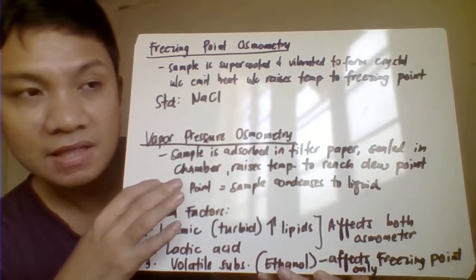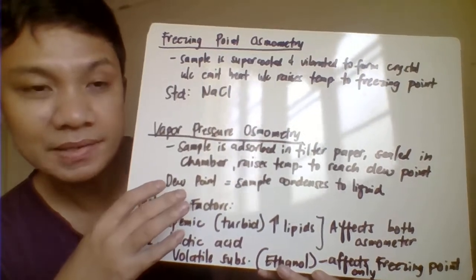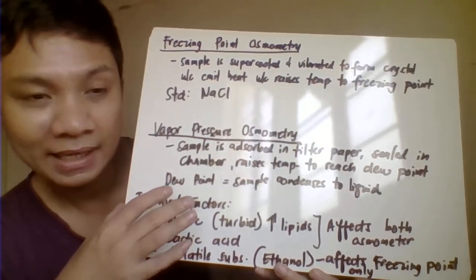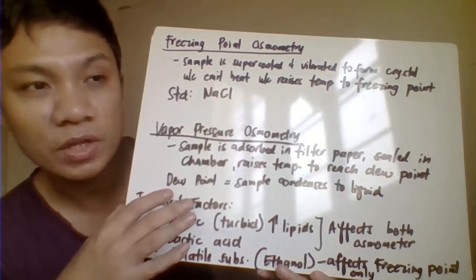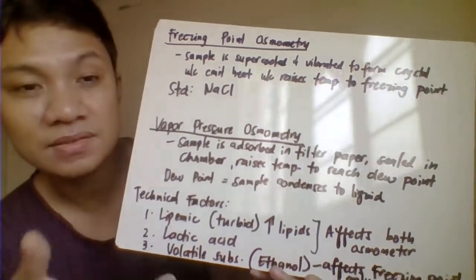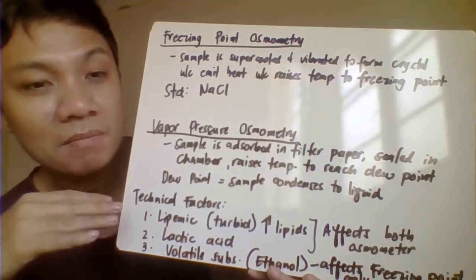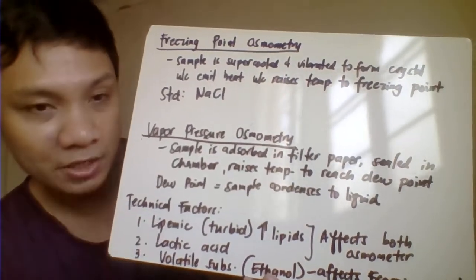Another one, we have the vapor pressure osmometry, where we are expressing this in terms of the dew point. The dew point here is the temperature in which your sample tries to vaporize and tries to condense, maging liquid. So whatever the temperature para ma-reach yun, that becomes your vapor pressure.